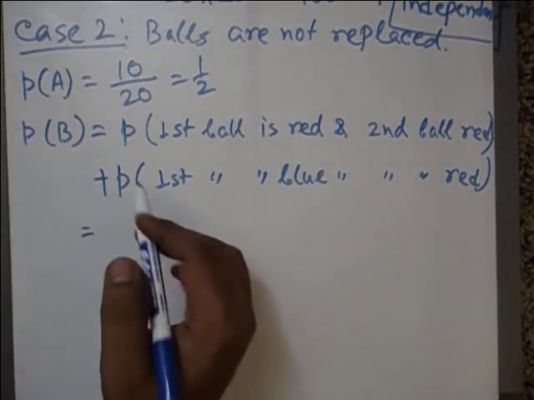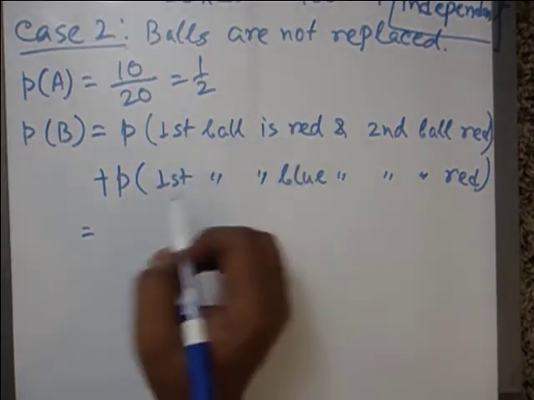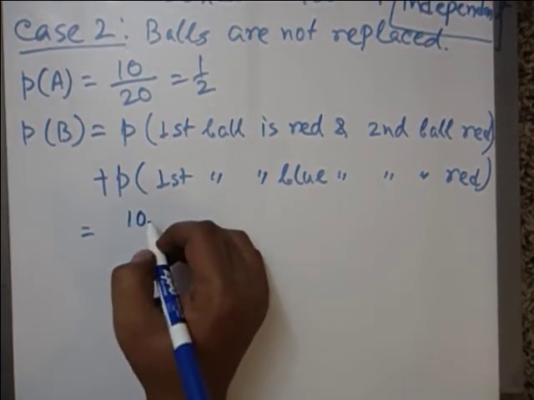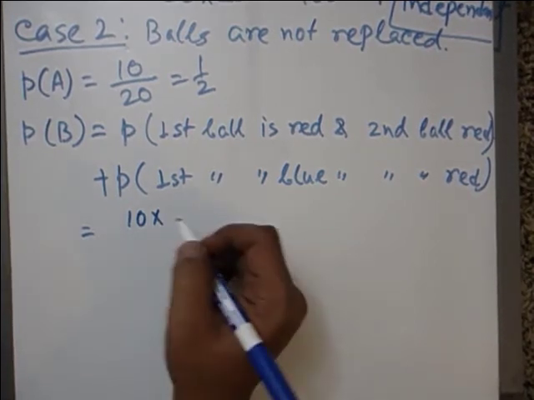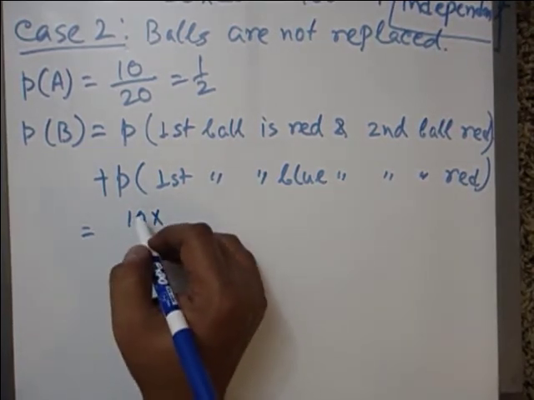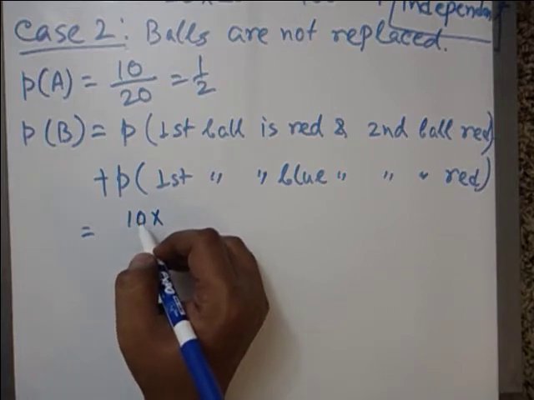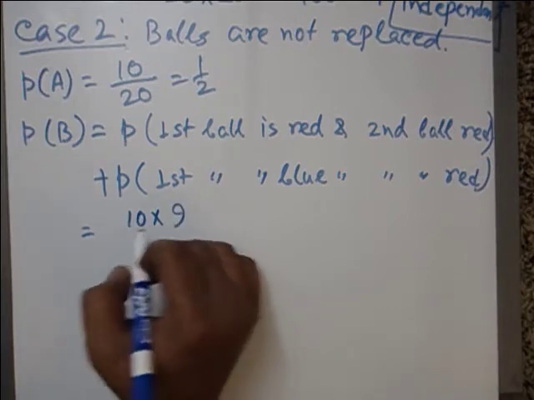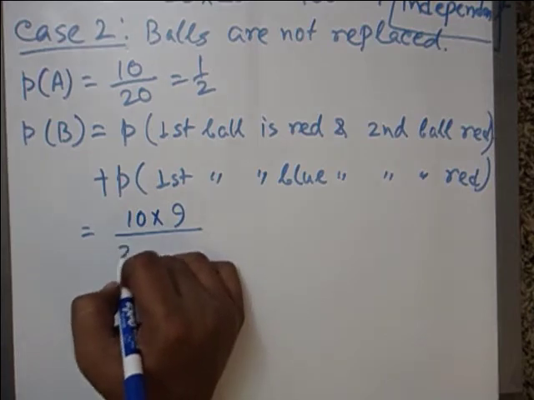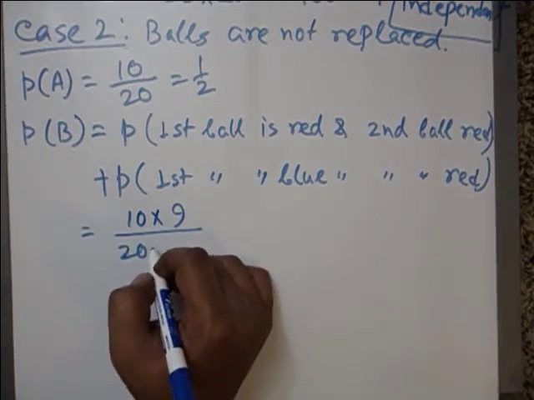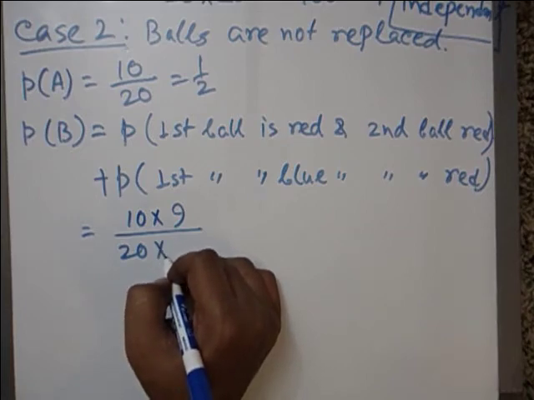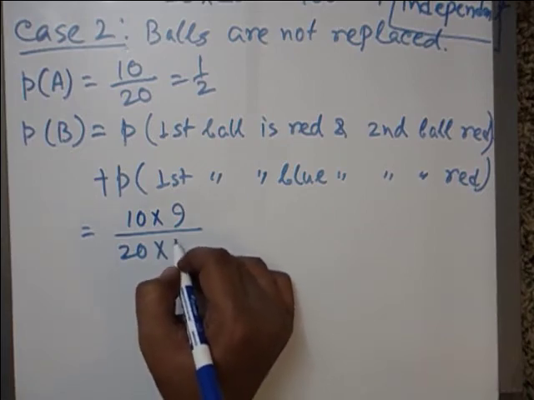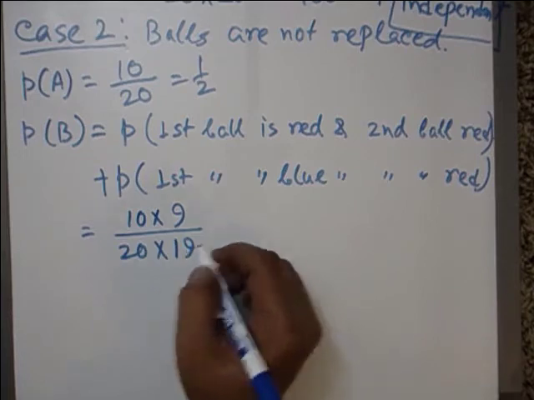How does that work? So the first ball is red, that means 10 different ways, and the second ball is red. If the first ball is red, you have taken out the first ball, so now there are 9 red balls left, and this is 20 in the first round total number of balls, and you have taken out one, in the second round it's 19 left.